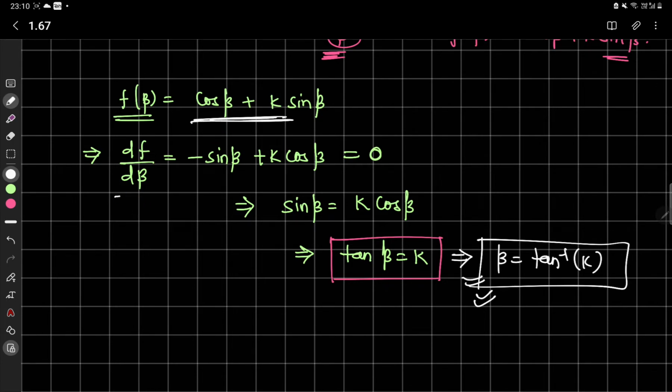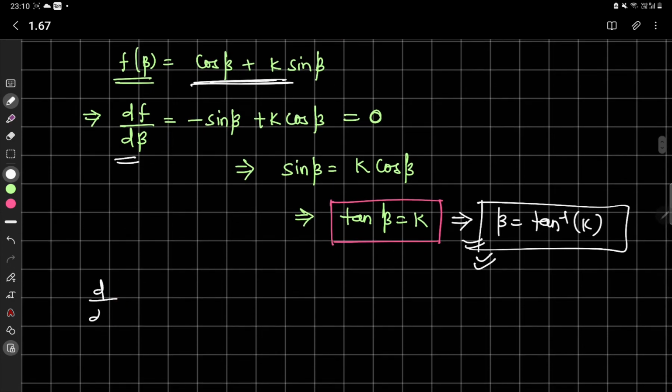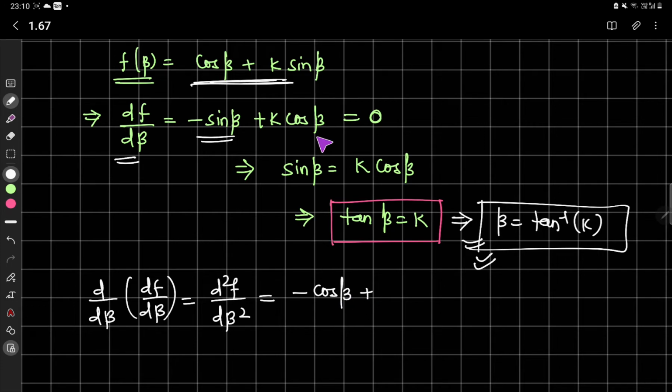For that we have to differentiate df upon d beta again with respect to beta. So this is nothing but the second derivative, d square f upon d beta square, that is equal to differentiation of minus sine beta, which is minus cos of beta, plus differentiation of cos beta, which is minus sine of beta.